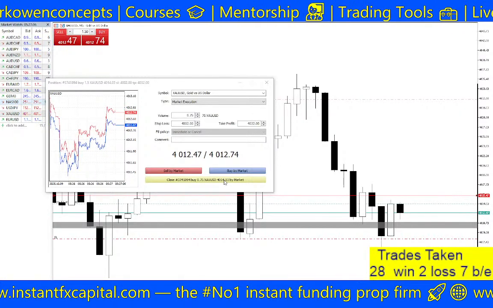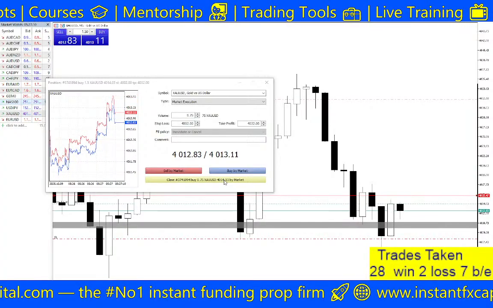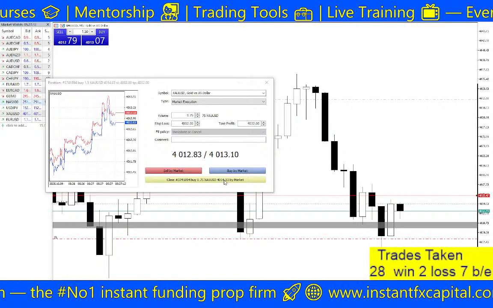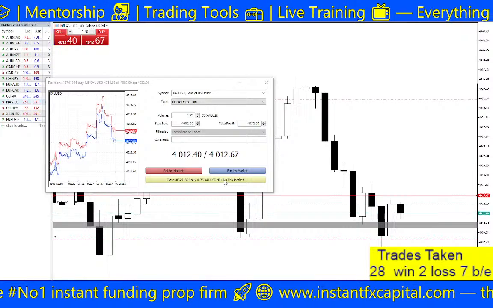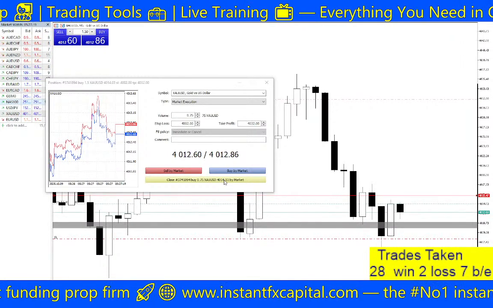Yeah, we moved our stop underneath the bullish 5-minute candle. And that is just because candles are oversized at the minute. So we're just being more aggressive with our stops.